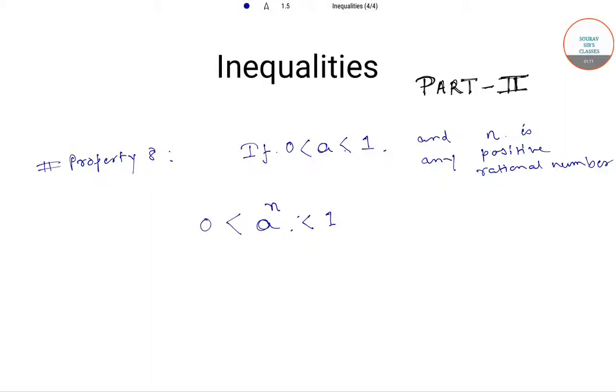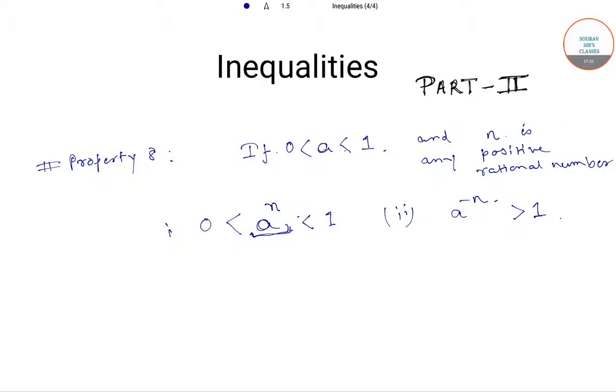So a raised to the power n would also lie in the interval of 0 to 1. And a raised to the power minus n would be greater than 1.